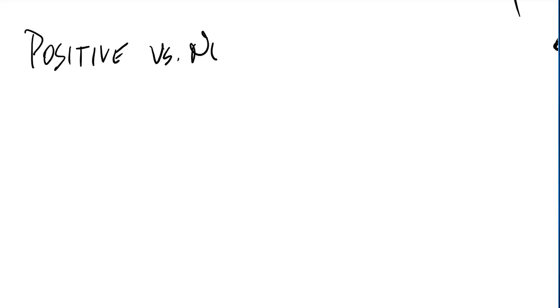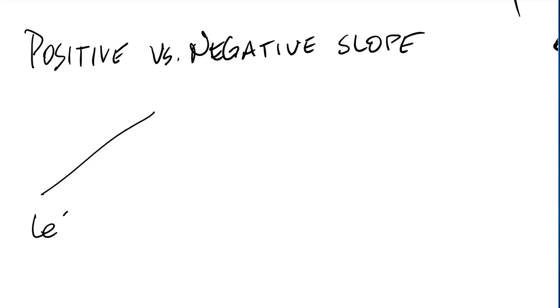The idea here is if a line points upward from left to right, so we always read the line from left to right, just like you read a textbook or a book. If it goes up as you're going from left to right, it's positive.